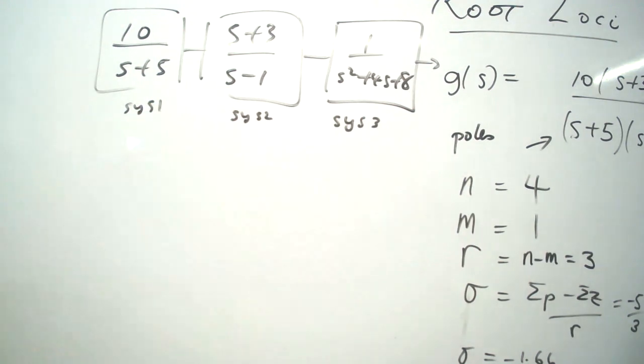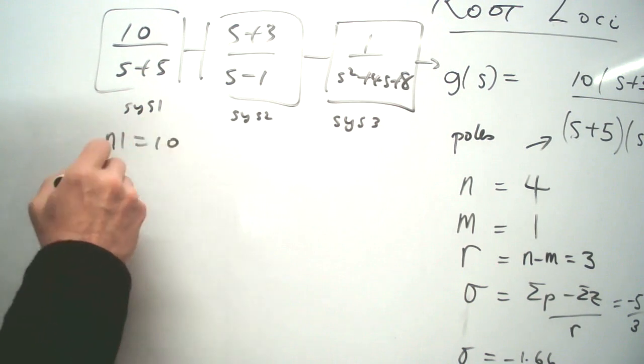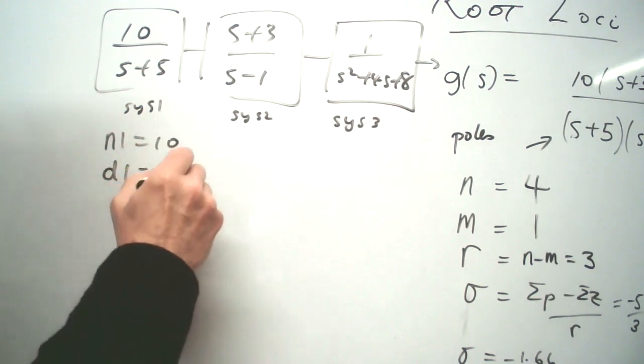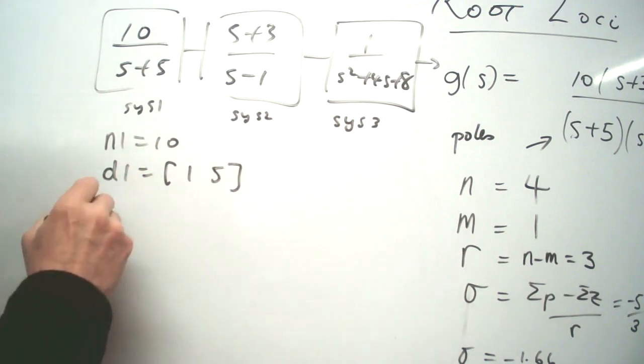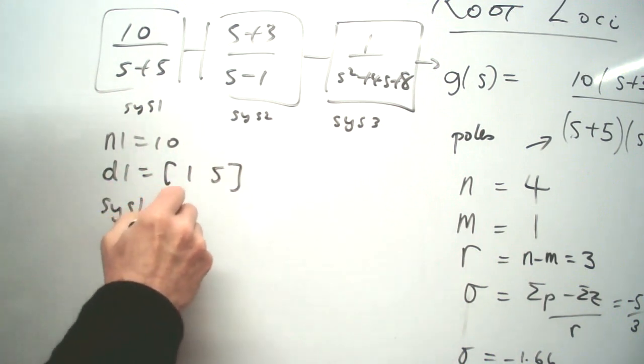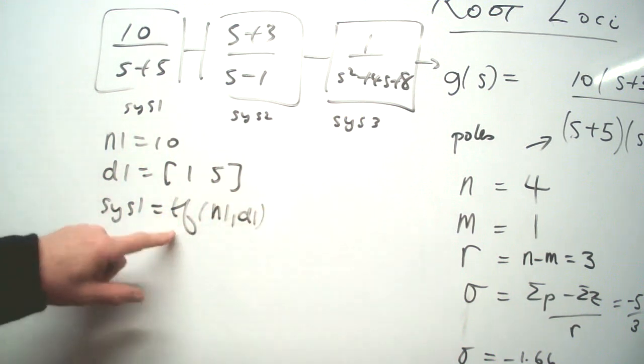And then we could enter these into MATLAB and plot the root loci. This is how we would do that. We'd put n1 equals 10, d1 equals 1. Remember, these are in square brackets, and sys1 equals tf(n1, d1). The tf stands for transfer function.